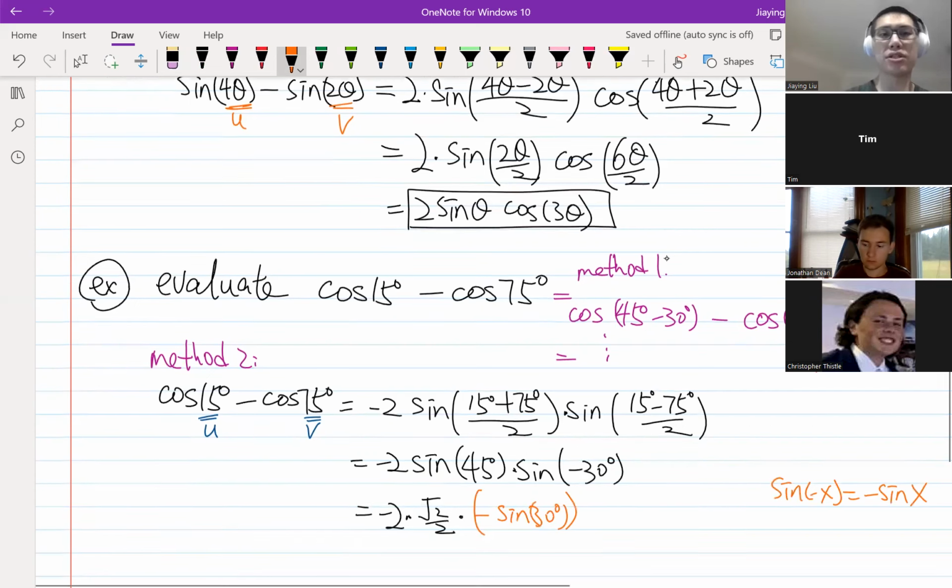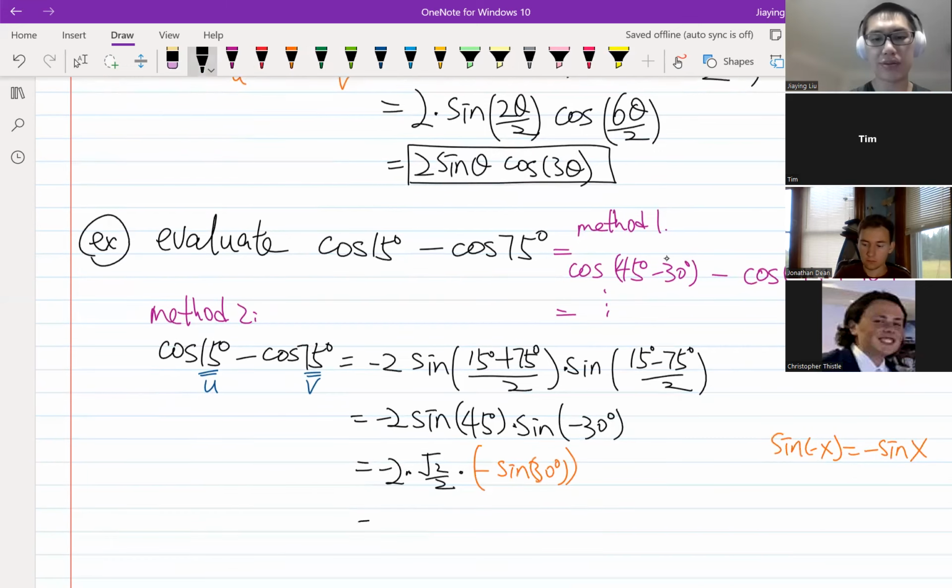Again, we know what sine 30 degrees is, just half. So we get -2 times √2 over 2 times -half. Sorry, that's √2 over 2 because the 2's cancel. So √2 over 2, and the negatives become positive.